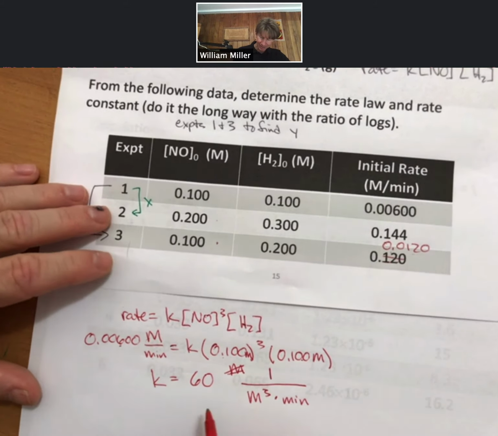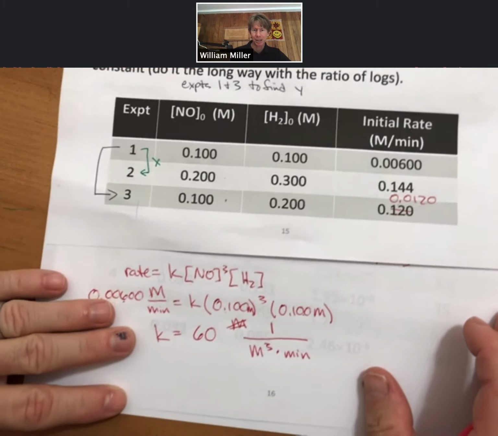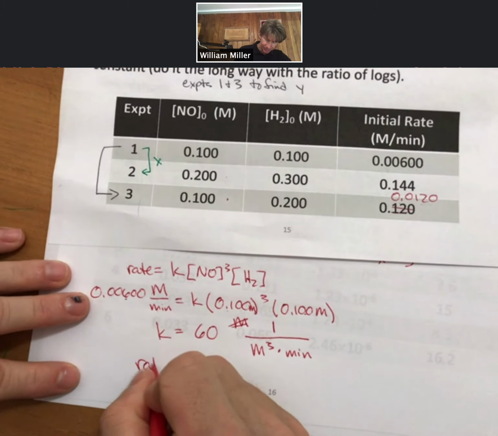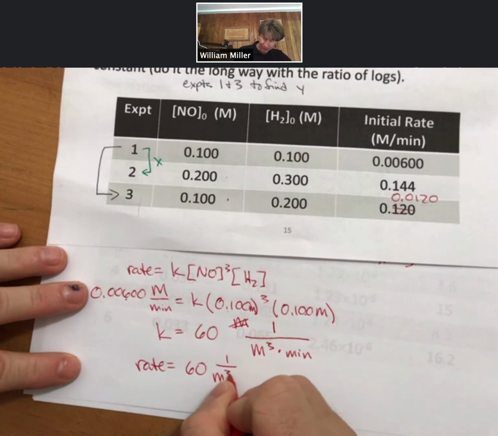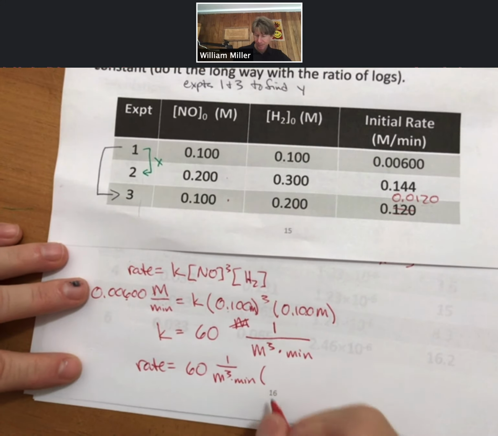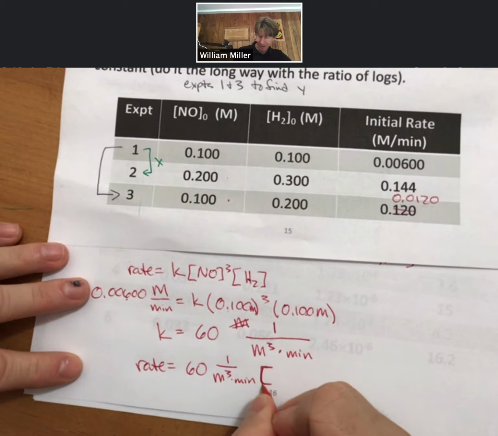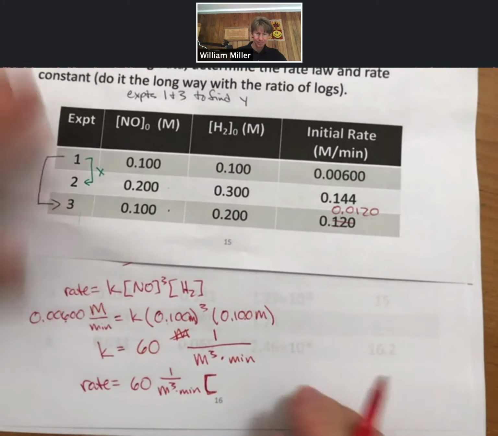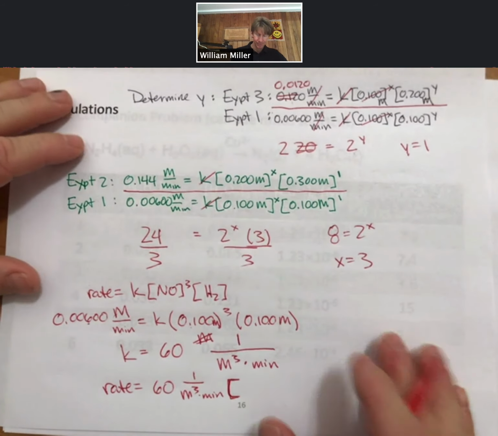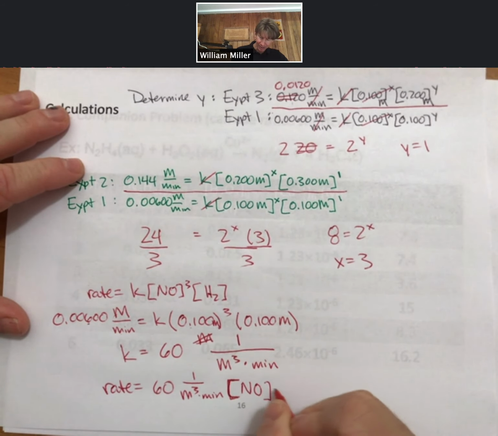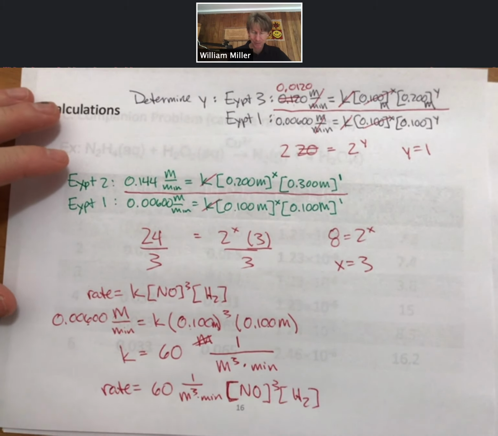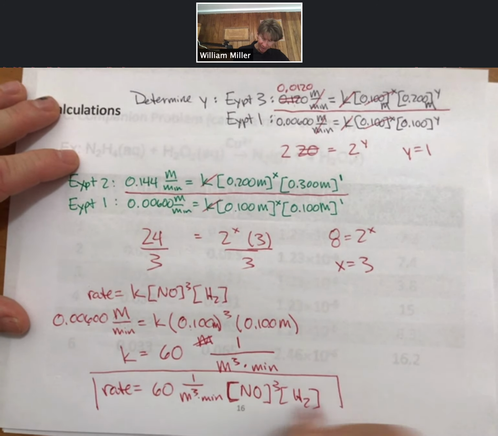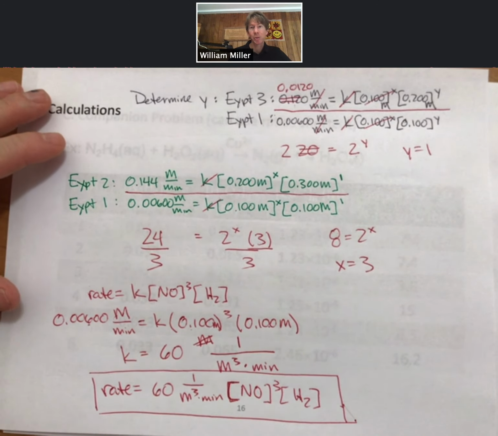And so writing it all out, which we will probably be asked to do, rate equals 60, 1 over molarity cubed minutes, concentration again, square brackets, nitrogen monoxide to the third power, hydrogen to the first power. And after all that, we have determined the experimentally determined rate law completely.